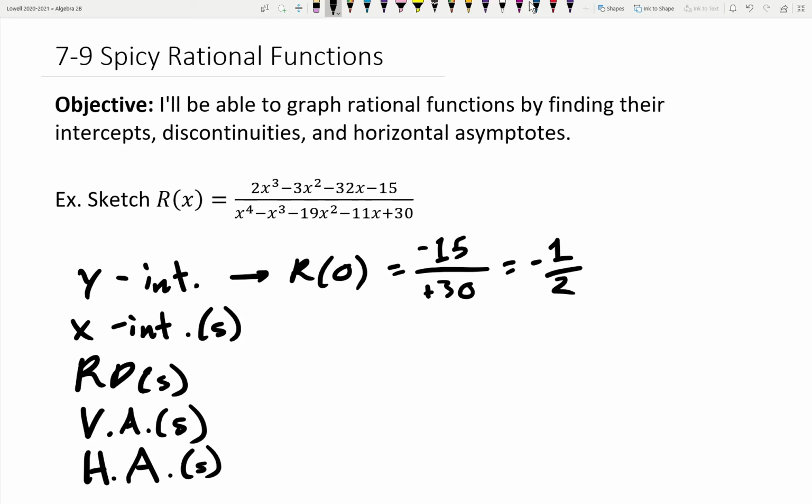Okay, the x-intercept is a little bit trickier because now we're trying to find the x values where r of x is equal to 0. Check this out. Since this is a fraction, we don't need to do too much work here.